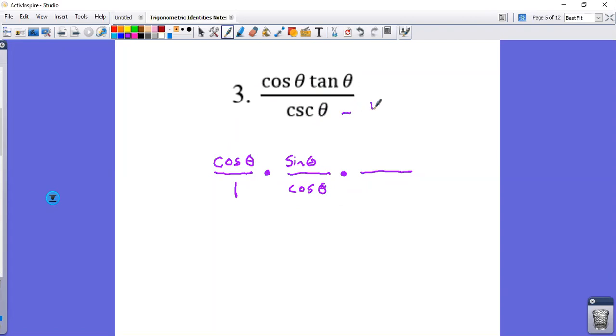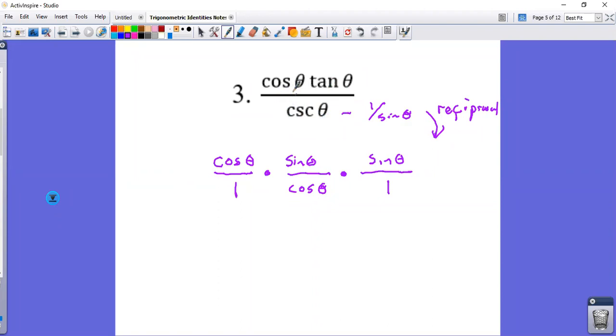Cosecant is 1 over sine. But since it's in the denominator, I have to do the reciprocal to write it as a fraction just with these. So 1 over sine, I would write as sine over 1 because it's in the denominator.